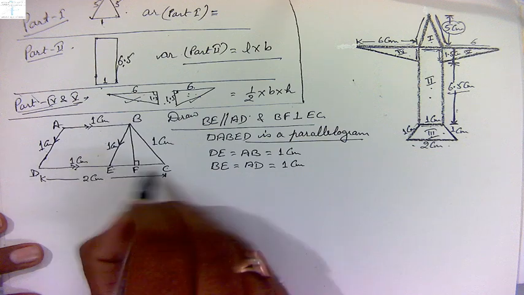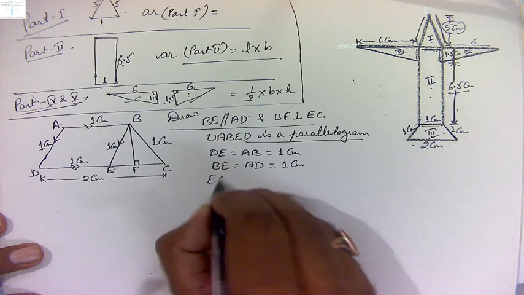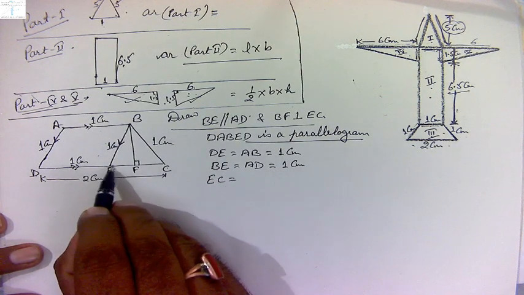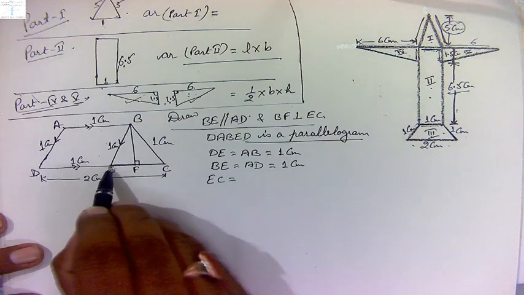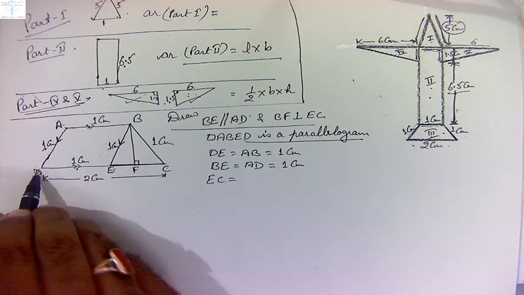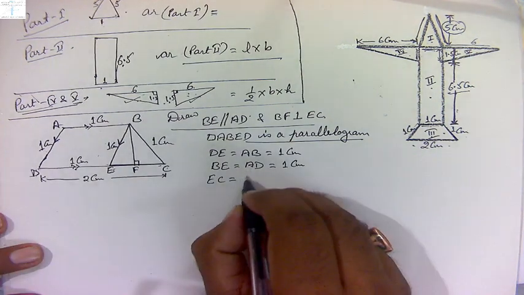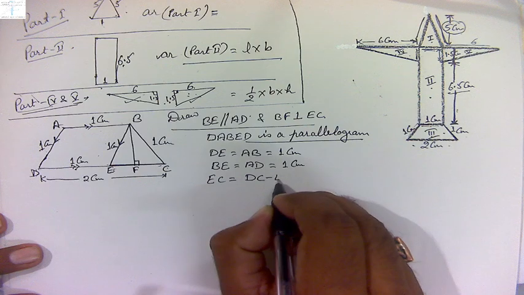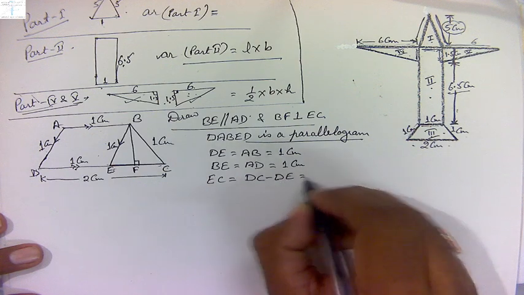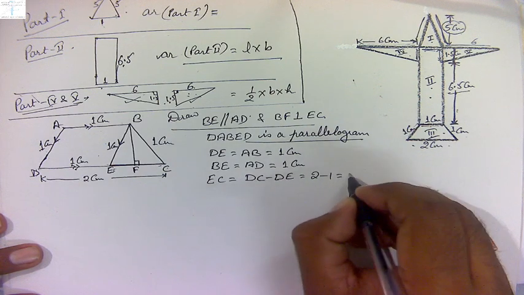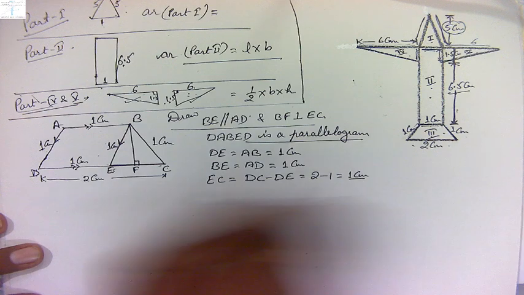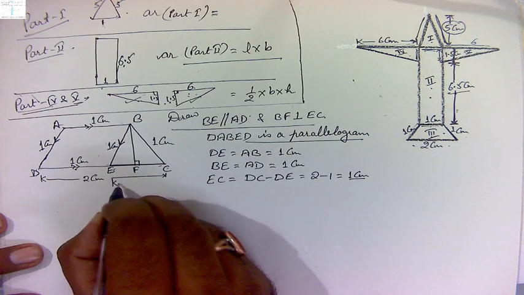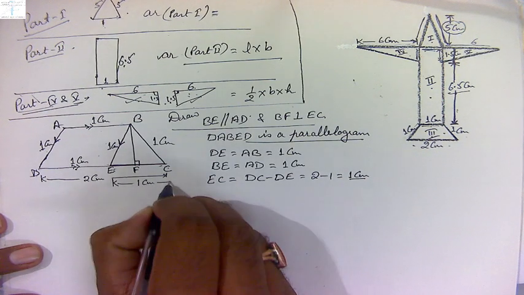Now what about this EC? This part. This EC is equal to DC minus DE. That is 2 minus 1. So this part is 1 centimeter.